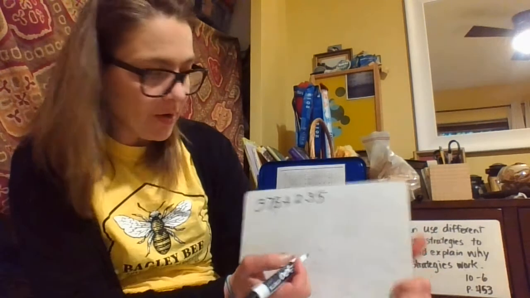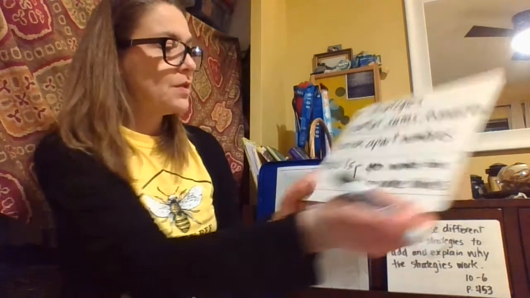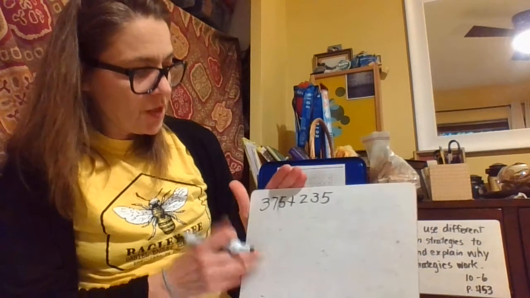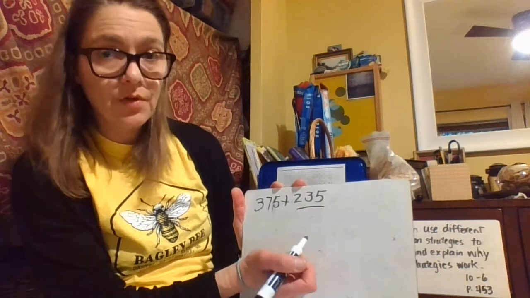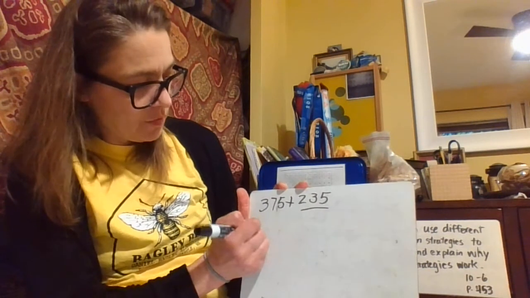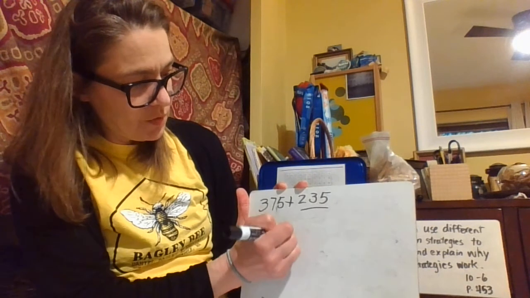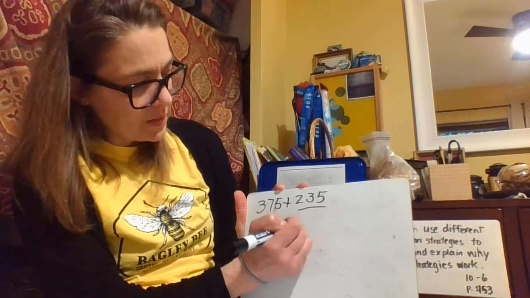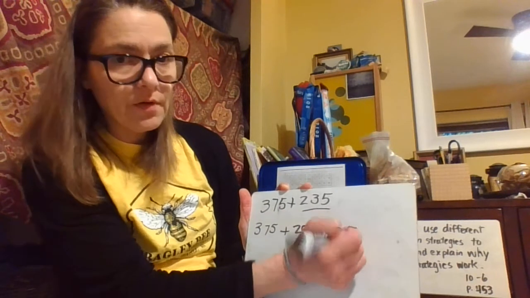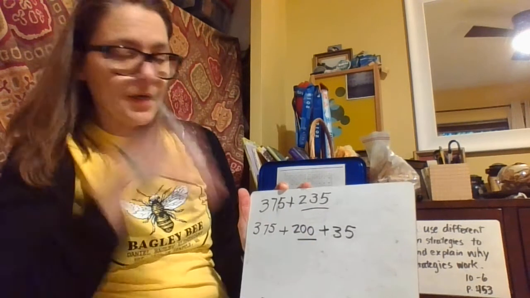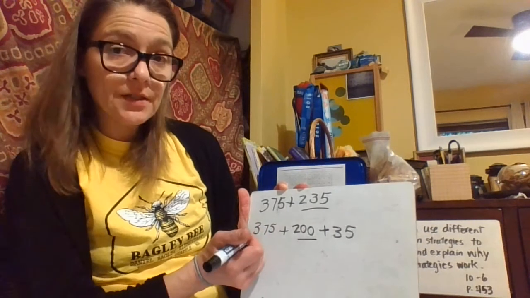Okay, so here we are with break apart numbers. When you're breaking apart numbers, you only break apart the second addend. That would be 235. So you have 375, and you are going to break it apart into 200 plus 35. So right away you're getting rid of the 200 and adding it to the total.